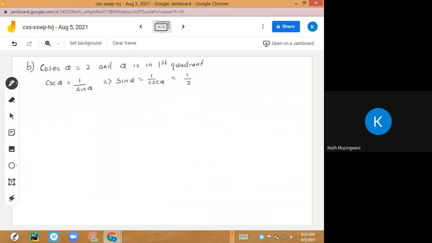So we want to use sine, we are in the first quadrant. So draw the triangle. It must always be attached to the x-axis. So this is theta. Sine is opposite over hypotenuse. So the other side is going to be root 3. It is 2 squared, that's 4 minus 1, then get the square root. So it will be root 3.